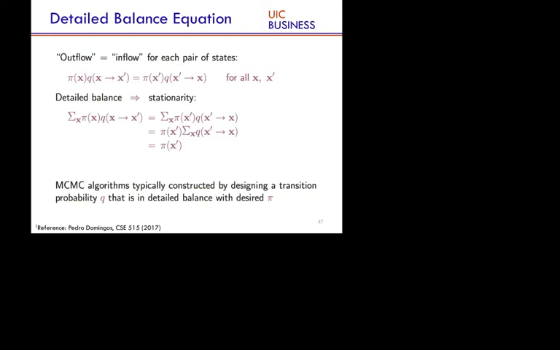Okay. So remember what we were trying to do. We were trying to define a q. We wanted to sample from p. As long as we can ensure that q and p satisfy this equation, I know that for that q, p is the stationary distribution. Right? Is that clear?